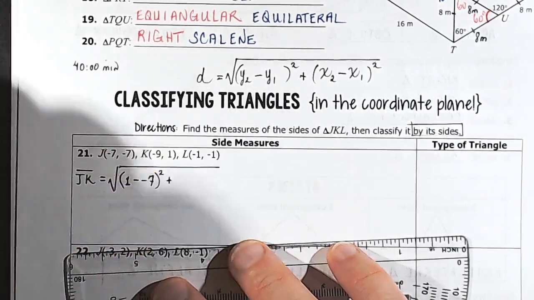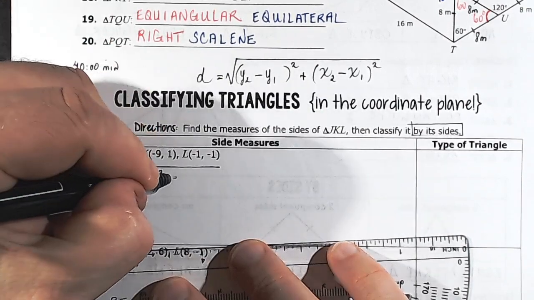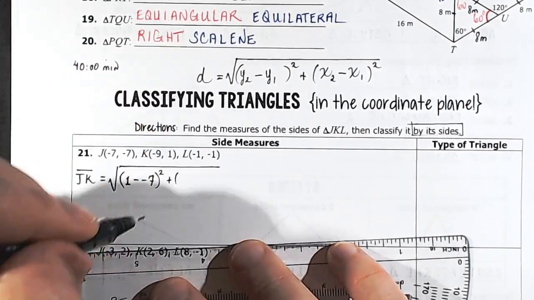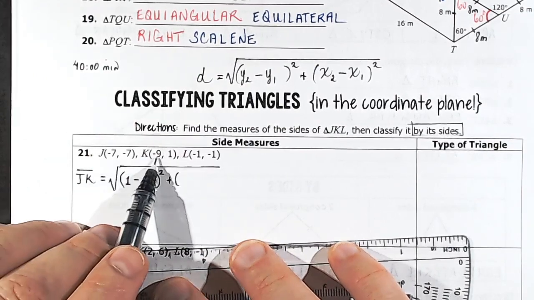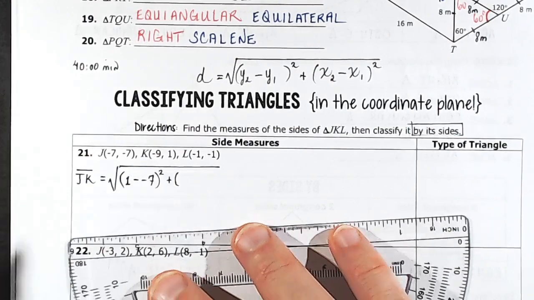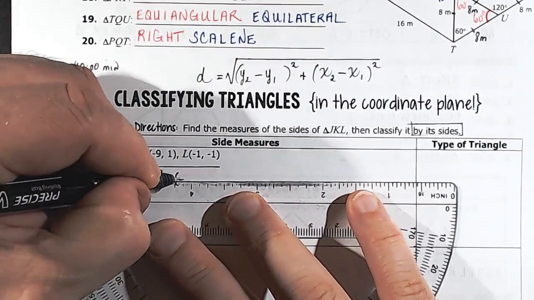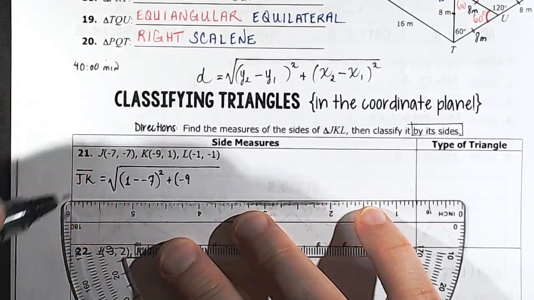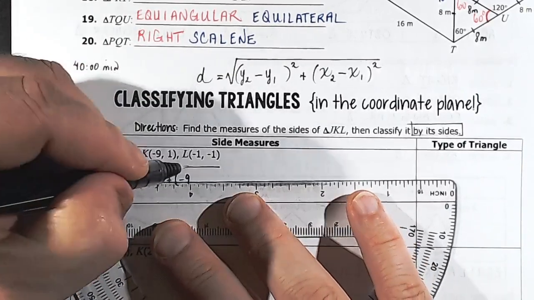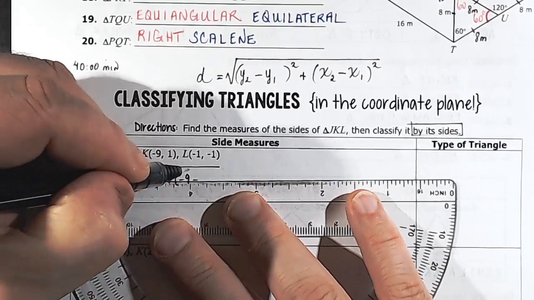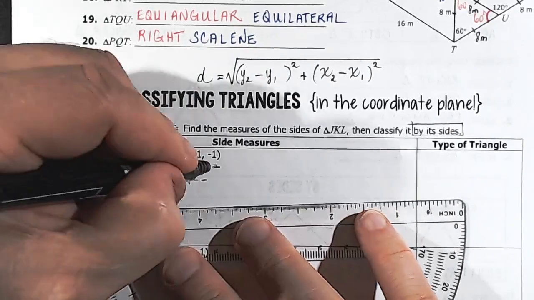Plus, now I have to find the squared difference between the x values for J and K. So I'm going to start off with x2, which would be the x value for the K coordinate. And that would be negative 9, minus the x value for the J coordinate, which would be negative 9 minus negative 7.